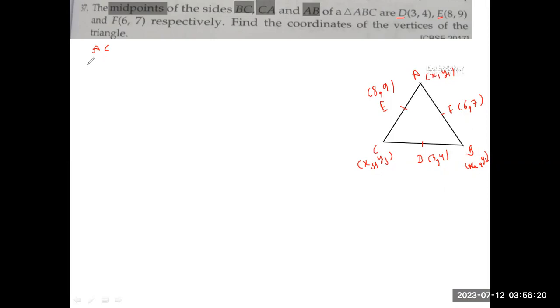So I can write 8 is x1 plus x3 over 2, and y1 plus y3 over 2. So from here, I got x1 plus x3 is 16, while y1 plus y3 is 18.